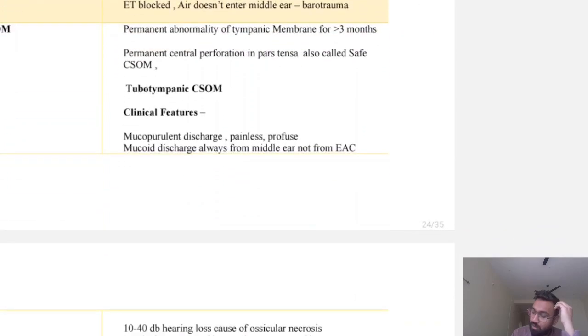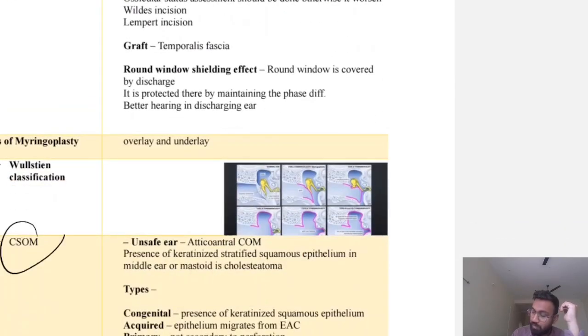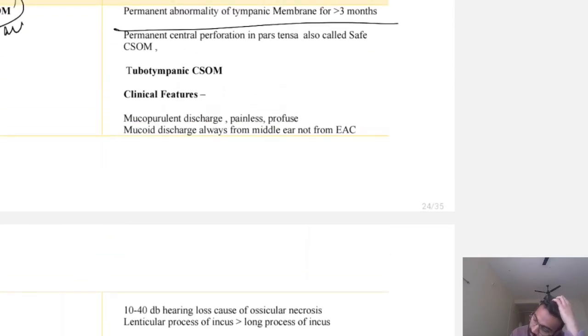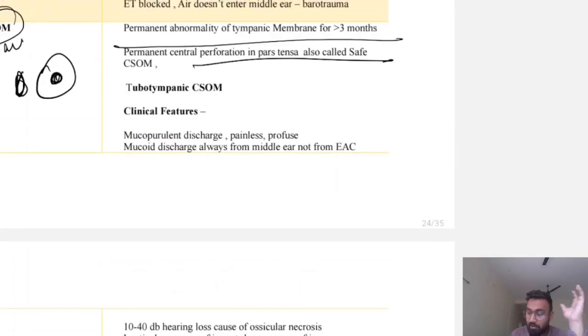Okay. Now CSOM, chronic otitis media, it is of 2 types: chronic mucosal otitis media and chronic suppurative otitis media. So chronic mucosal otitis media, it is because of central perforation in pars tensa. If it is marginal perforation, then it is due to chronic suppurative otitis media. Are you getting my point?